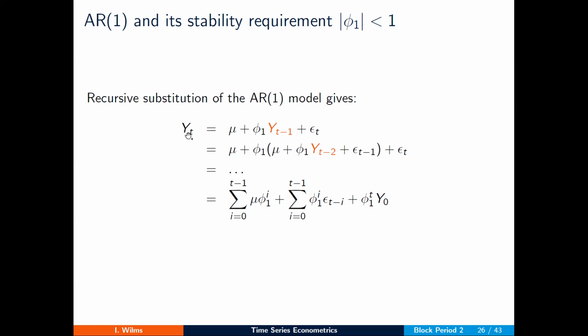Well, later on in the course, we will see that there is an important distinction between the stationary world and the non-stationary world related to this AR(1) parameter. If phi is smaller than 1 in absolute value, then we have a stationary AR process, and shocks to our series have only a temporary effect. But if the absolute value of phi is equal to or larger than 1, shocks have a permanent or even explosive effect.